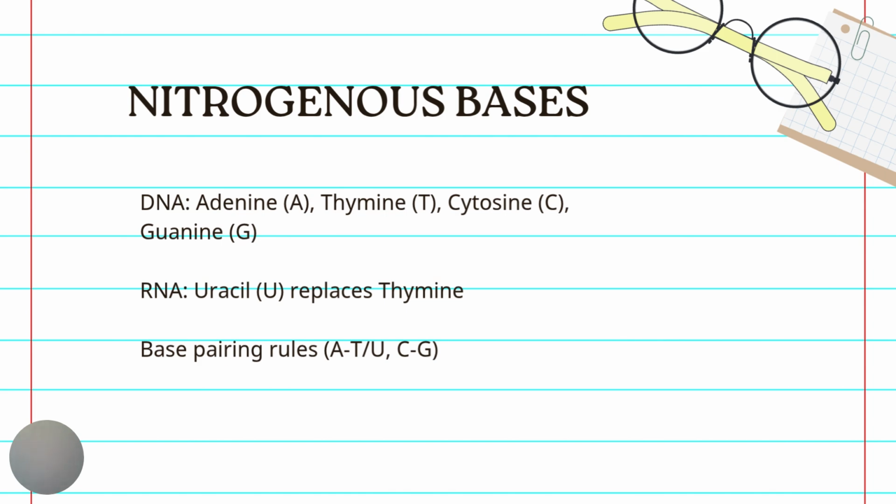In DNA, we have adenine, thymine, cytosine, and guanine. In RNA, you will still find adenine, cytosine, and guanine, but instead of thymine, you will have uracil. So uracil replaces thymine in RNA. That is another difference.